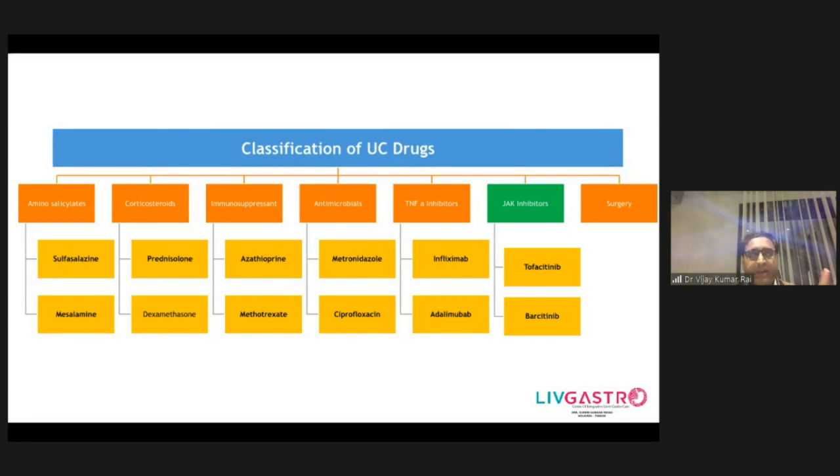And in this armamentarium, we have added these JAK inhibitors. At present, it is basically approved for the treatment of ulcerative colitis, but the Crohn's disease data are coming up. They are still not available with us, but for ulcerative colitis, it is now approved.